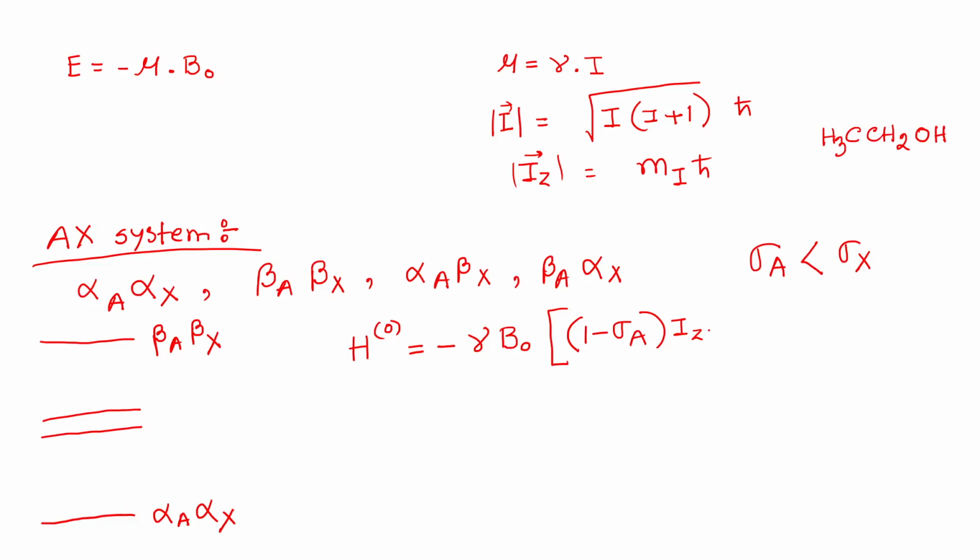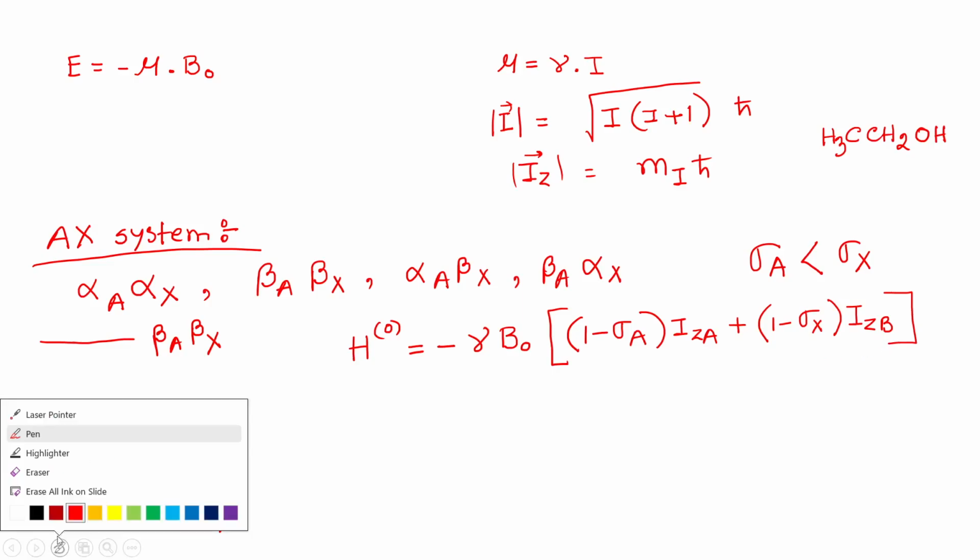Then plus (1 minus sigma X) I_Z of X. Sorry, I_Z of X, not B.